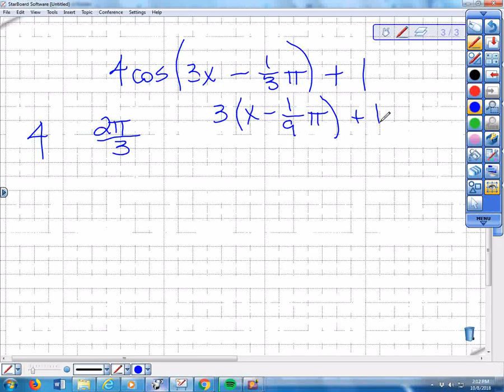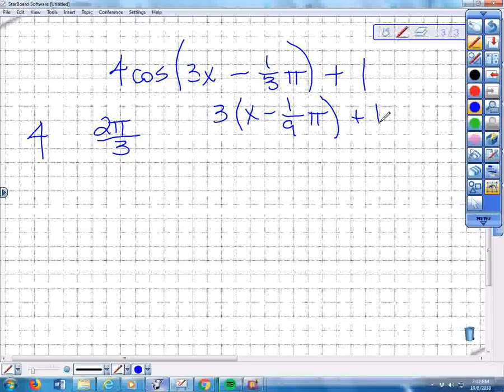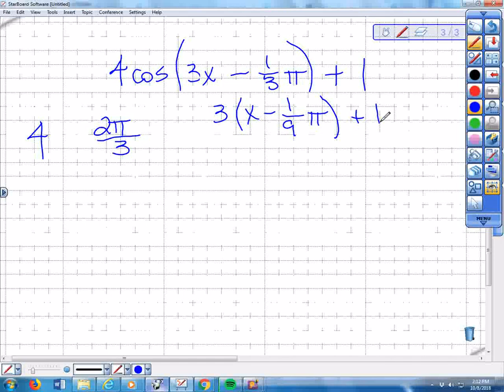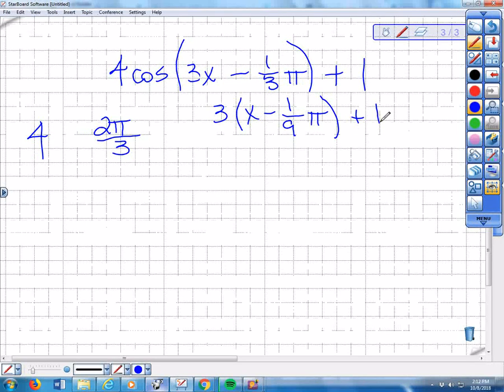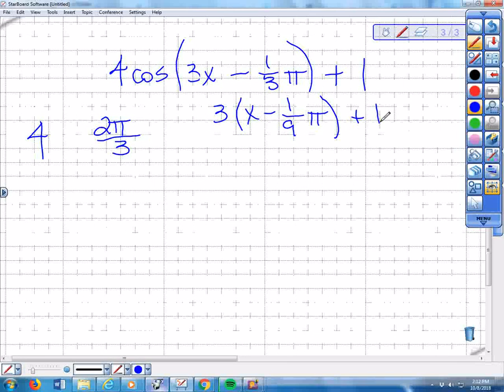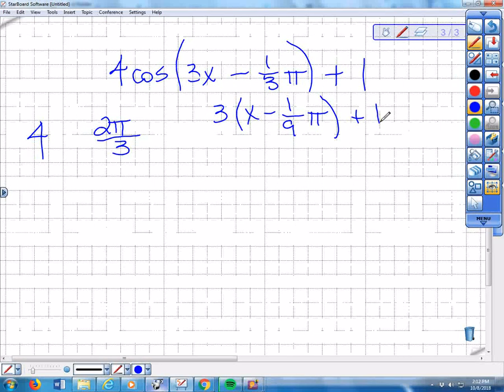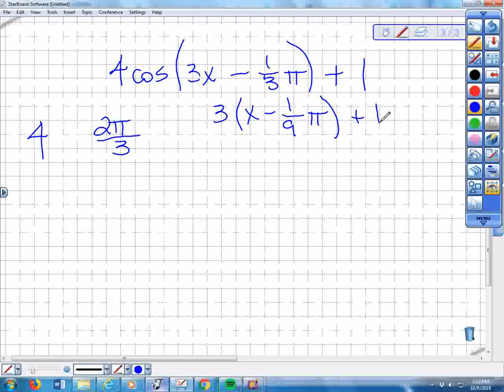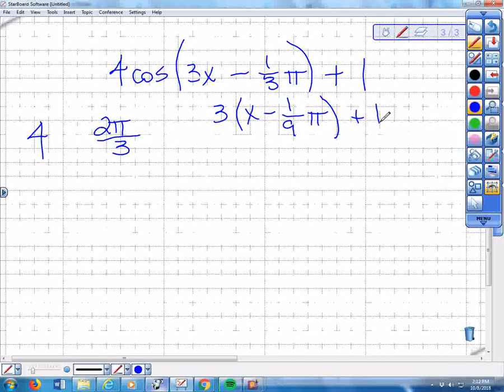Okay? So if you've got a multiple choice question, one of the easiest ways to narrow your search down is to find the new period, because if you can look at the graph and see from where it starts to where it ends one full cycle, what that distance is, you can match that to your period, right? So we know our period's 2 pi over 3.